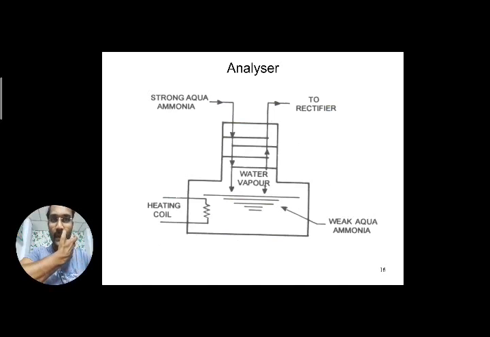So the vapors created here due to heating first make contact with these baffle plates, and also make contact with the low temperature of the strong ammonia solution. Due to that the fine water particles will form droplets and fall down here.